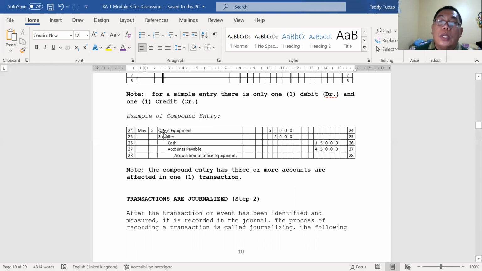As I've said, all debits are always written first and all credits are indented from your debit entry, and your explanation is also indented on the next line after the credit entries. Two amounts are recorded in the debit column for office equipment and supplies, and since there are two accounts in the credit, there are also two amounts to be recorded in the credit column.